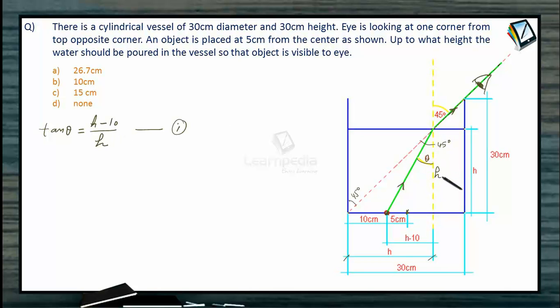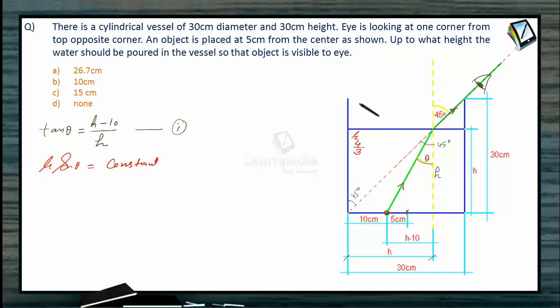Okay, so now let us apply Snell's law. According to Snell's law, mu sine theta is constant. Mu sine theta is constant, where mu is the refractive index and theta is the angle for the same refractive index medium. So mu sine theta equal to constant. That means here we have water. So water refractive index is 4 by 3.